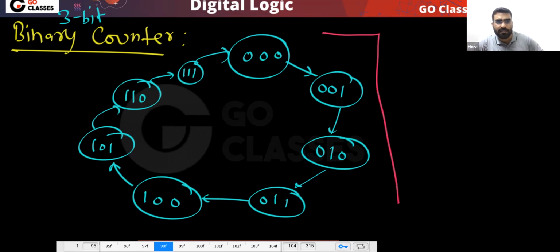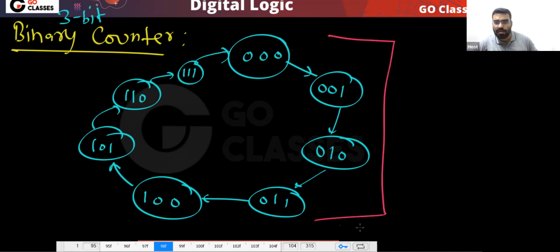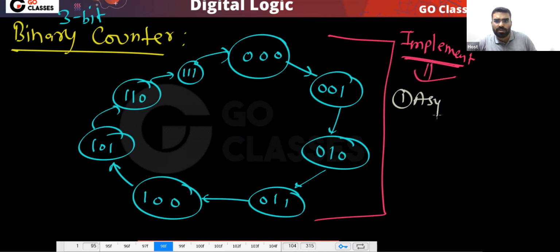This can be implemented in 2 ways. What are those? One is an asynchronous counter, in an asynchronous manner. Remember, this counting sequence is called a binary counter.